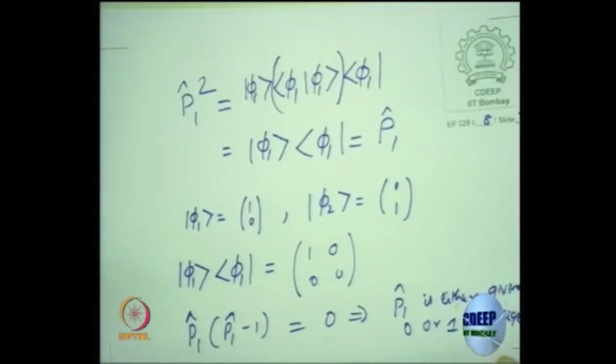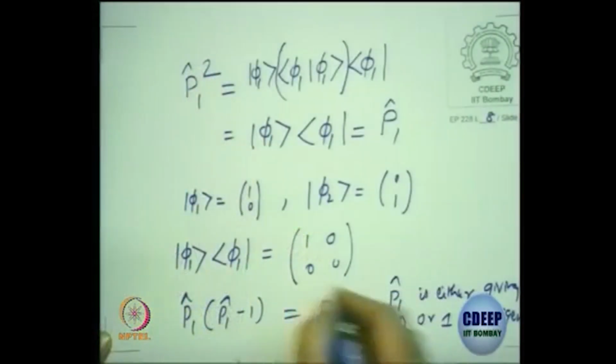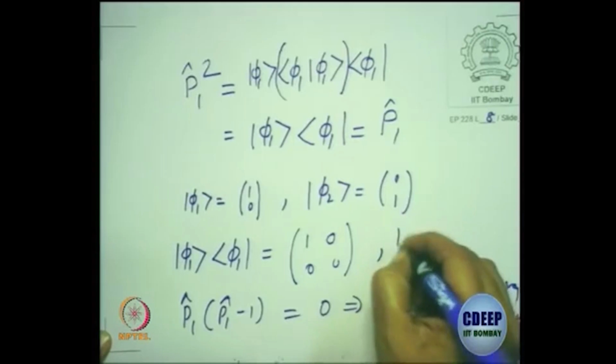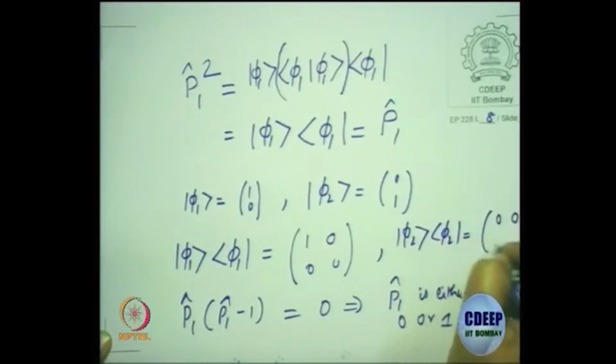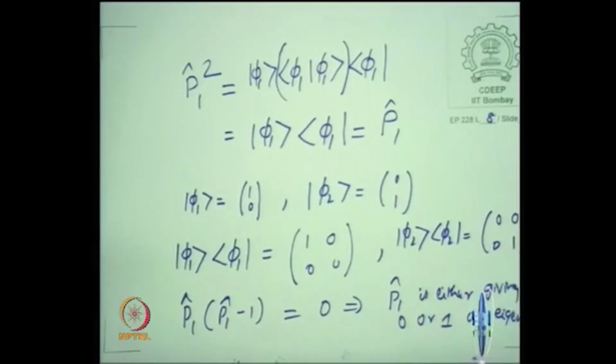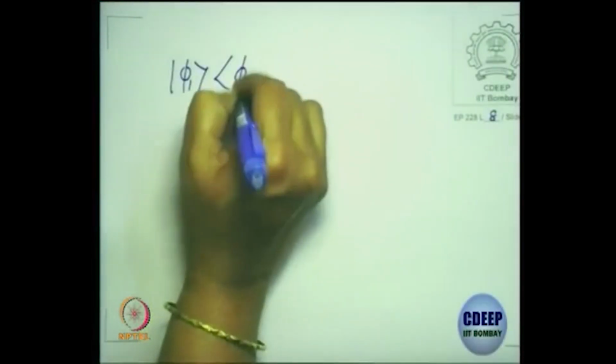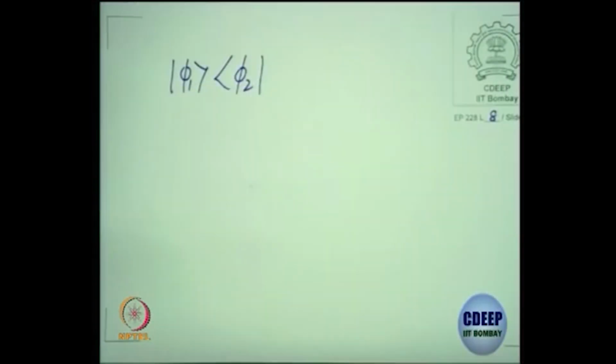That is the beauty of this projection operator, where this outer product phi 1 phi 1 is 1 0, 0 0, then the outer product phi 2 phi 2 will be 0 0, 0 1. So, what is phi 1 phi 2? Phi 1 phi 2 is not a projection operator, but it is still a 2 by 2 matrix.